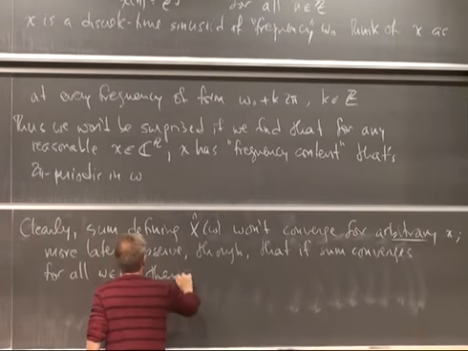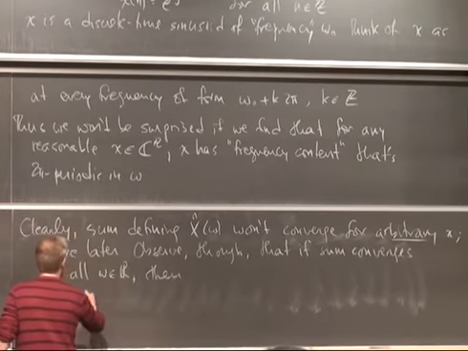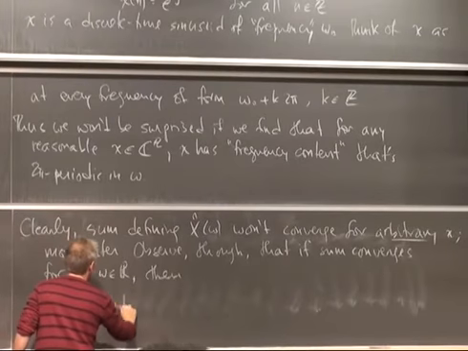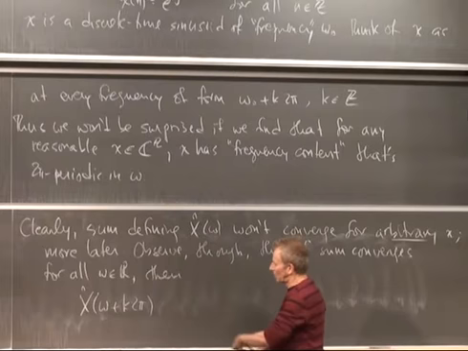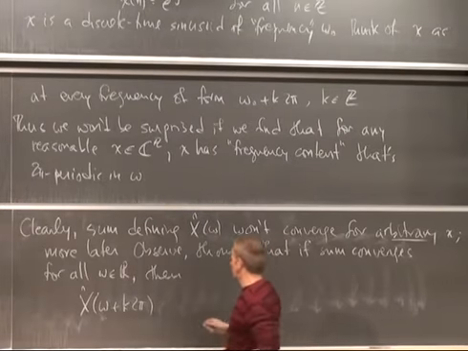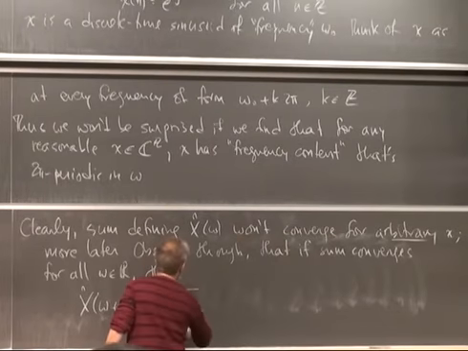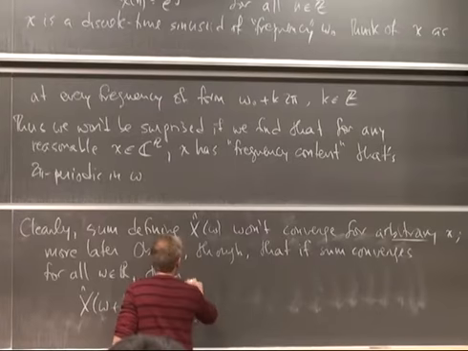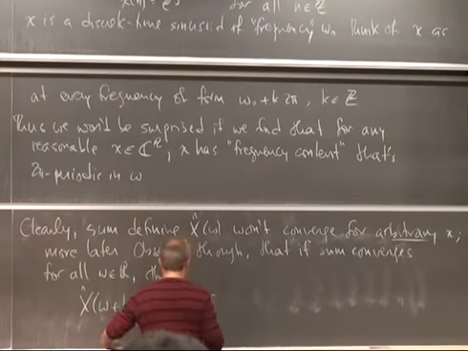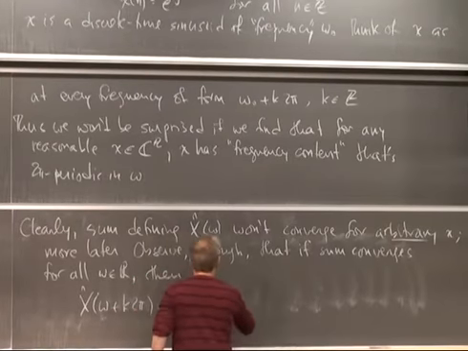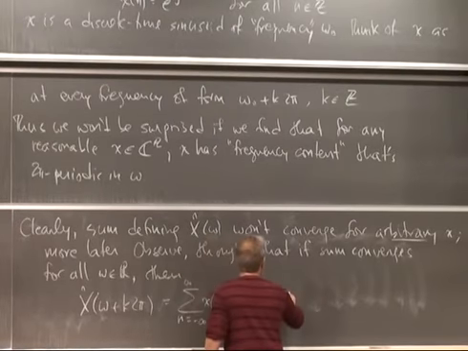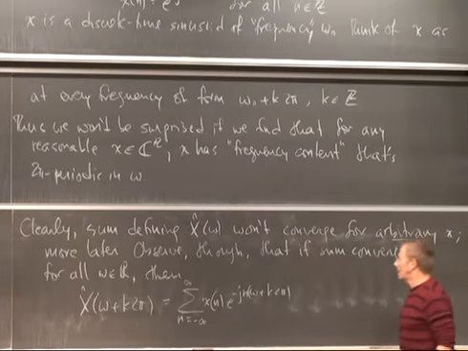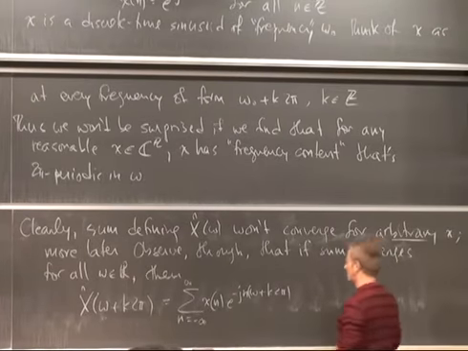then x hat of omega plus any integer multiple of 2 pi, what happens when I plug omega plus k2 pi into that sum? I get the sum over n of x of n e to the minus j n times omega plus k2 pi, and e to the minus j n times omega plus k2 pi is just e to the minus j n omega.